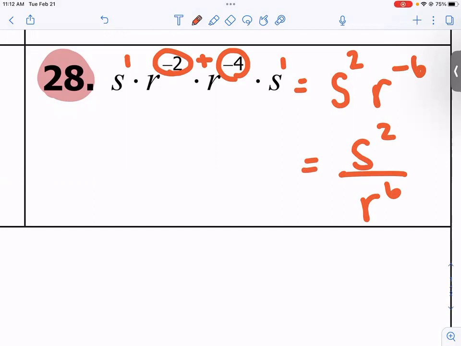Okay. If there is not an exponent, I would highly encourage you to write a little 1 so that you remember, like, this s to the 1st times s to the 1st is giving us s squared. Okay, well, I can't have a negative exponent.